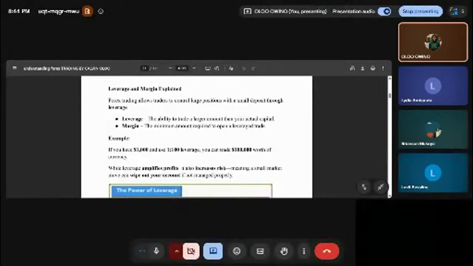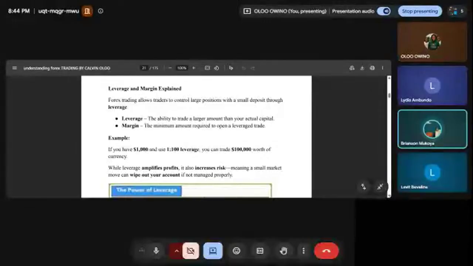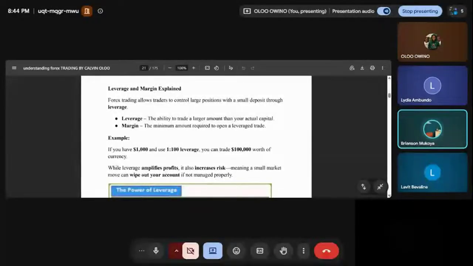Lydia, let's say, can I explain something to Lydia? Hello, Lydia. A broker isn't supposed to lose money, but he's lending you money. So when you have a $10 account and you have a maximum leverage, you can open up to 4 positions. So you've opened 4 positions, and that market goes against you.